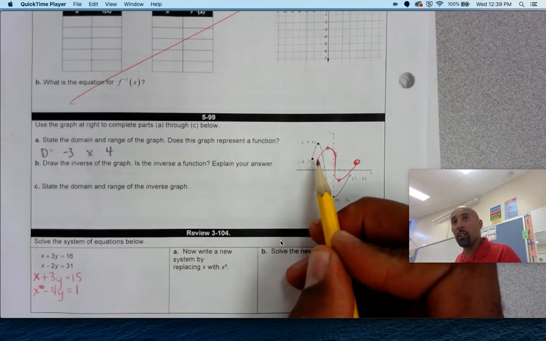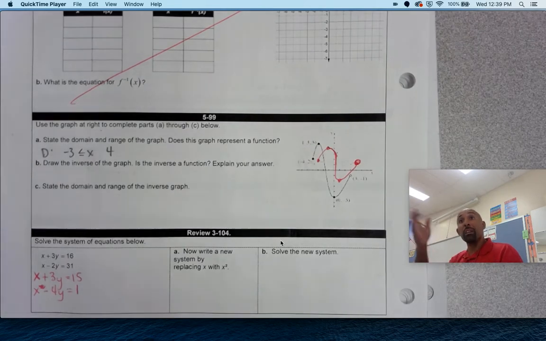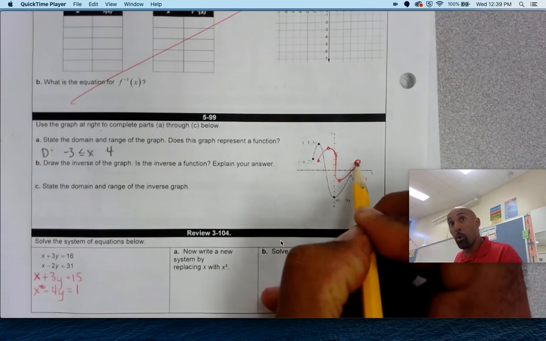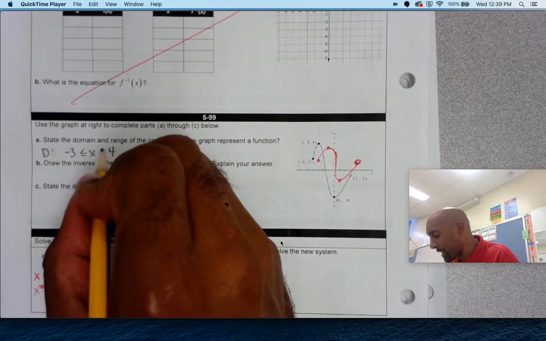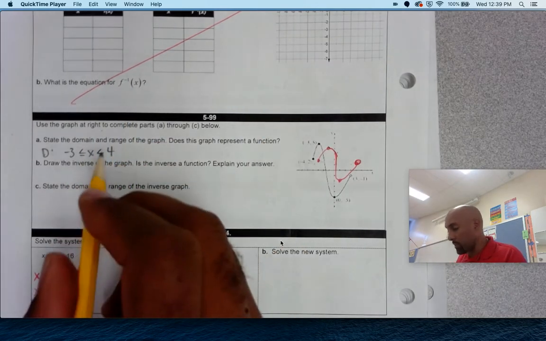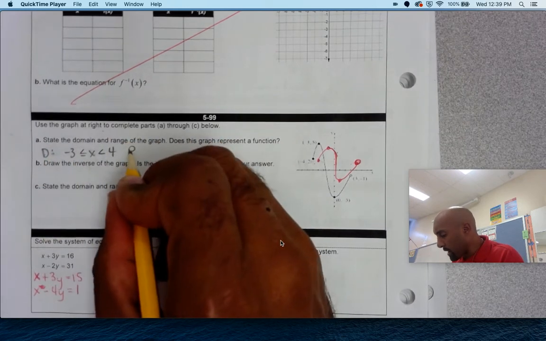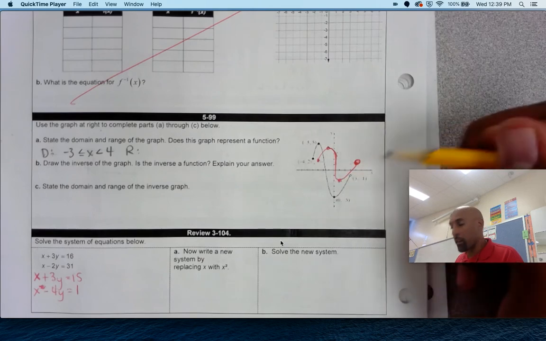On the left, I have a closed dot, so that's going to be less than or equal. If x is greater than or equal to -3. But over here, it's got an open dot, just like yours. Yours is open. So that means x is going to be less than 4, but not equal to 4. Okay, so that's your domain. Now the range: we start on the bottom of the graph, and that lower value is -2.